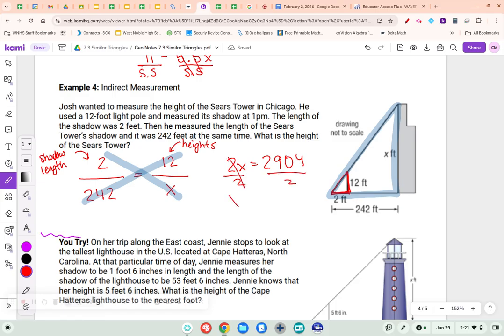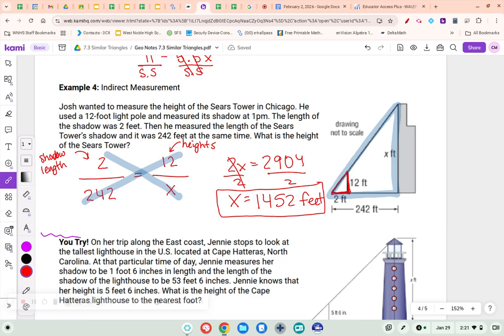I divide by 2, and x is 1,452 feet. Okay, so while there are 3 other correct ways to set up this proportion, this one way and those other 3 will give us this answer.